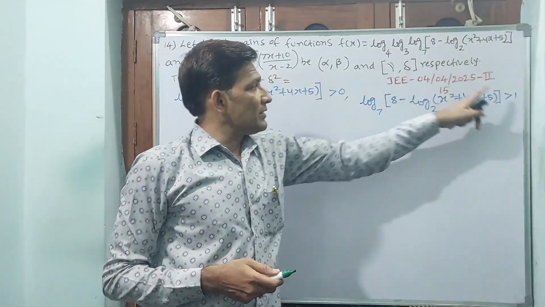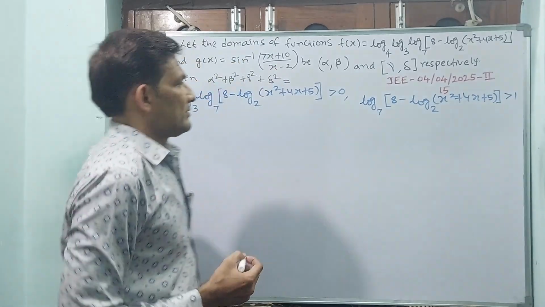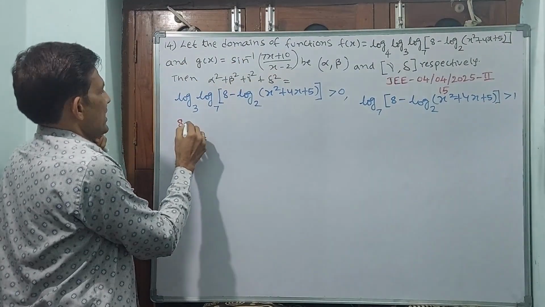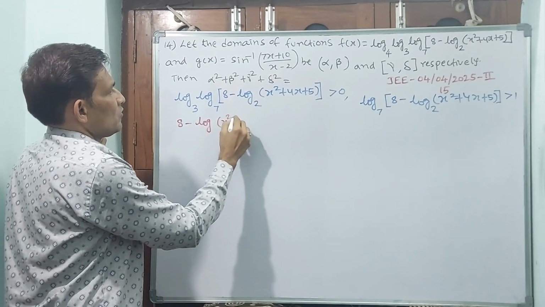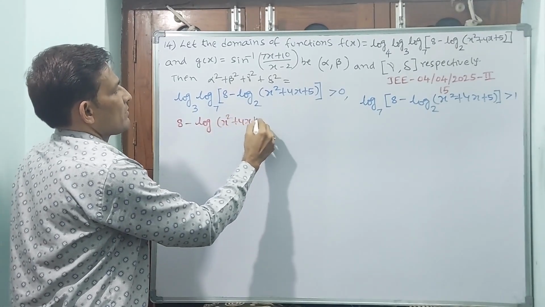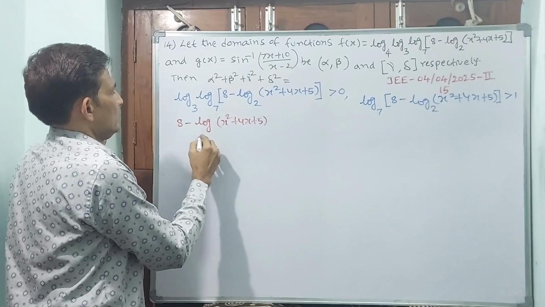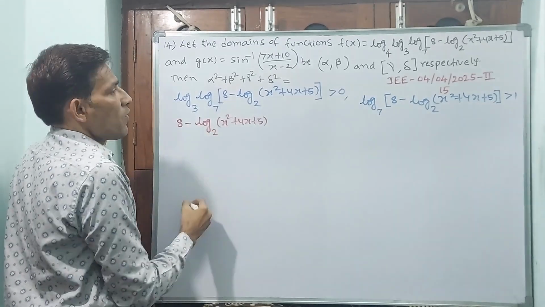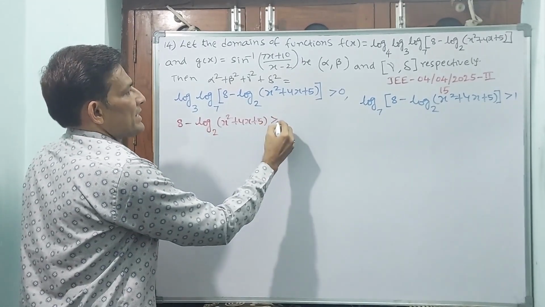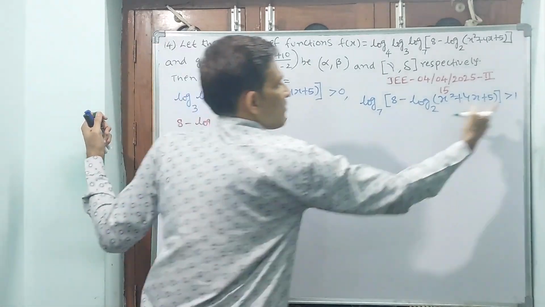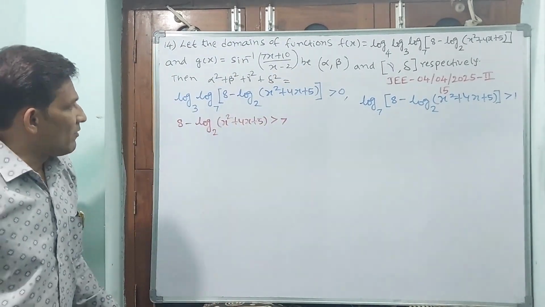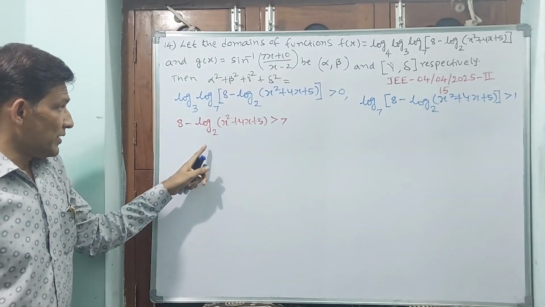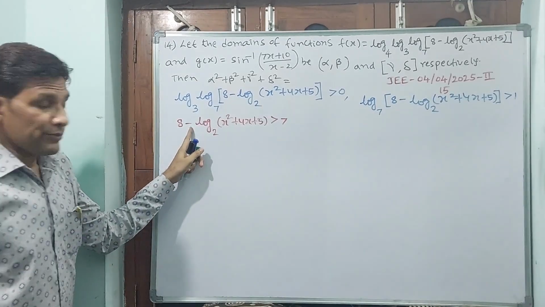Next, I am sending this log to that side. That means it's 7 power 1. So 8 minus log of (x² + 4x + 5) to the base 2 should be greater than 7. Why? Because 7 power 1, like e power 1 or something. Okay, now this is negative.